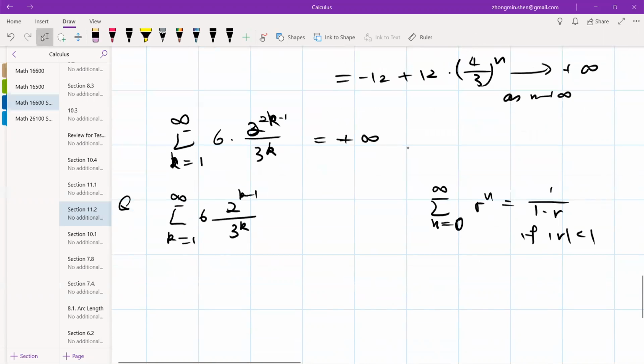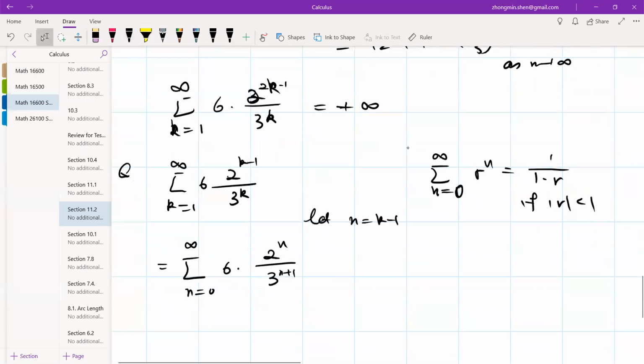But k starts from 1, so I can let n equal k minus 1. When k equals 1, n equals 0. So n starts from 0. And when k is infinity, infinity minus 1 is still infinity. Here 3 to the k is 3 to the n plus 1, and 2 to the k minus 1 is just 2 to the n. We change the index.